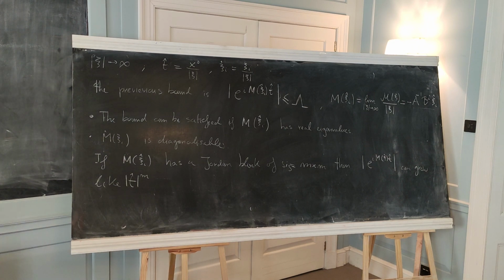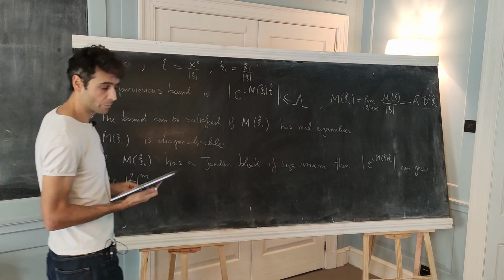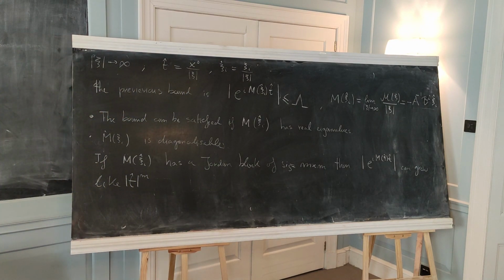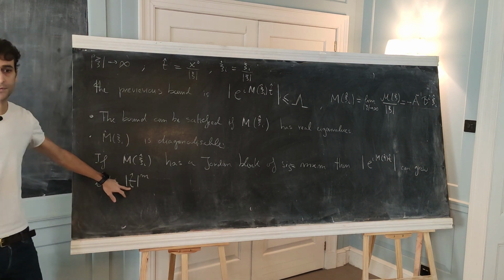Okay, so then you cannot satisfy this bound. And the problem with that is that one can then still control the solution at late times in terms of the initial data, but in order to get rid of this polynomial growth, you need to take derivatives of the initial data.